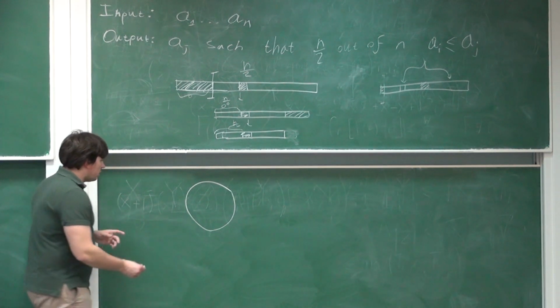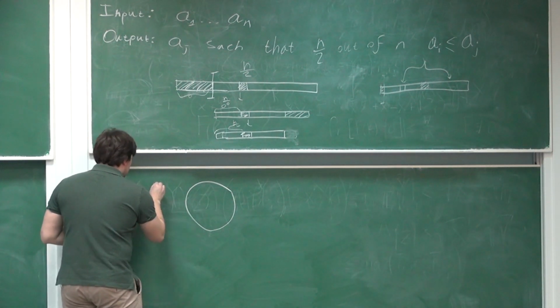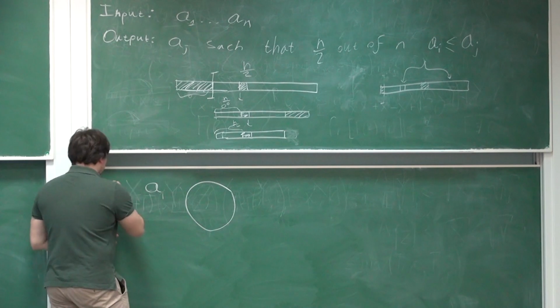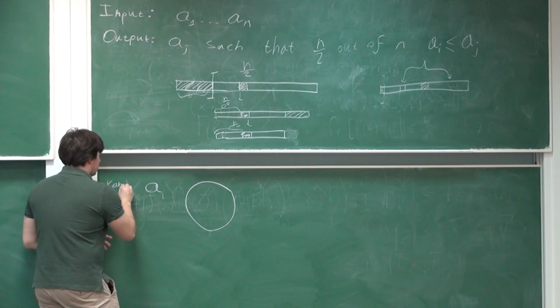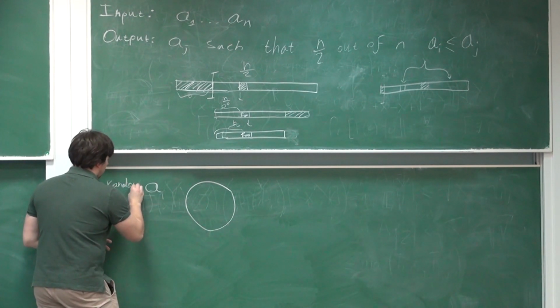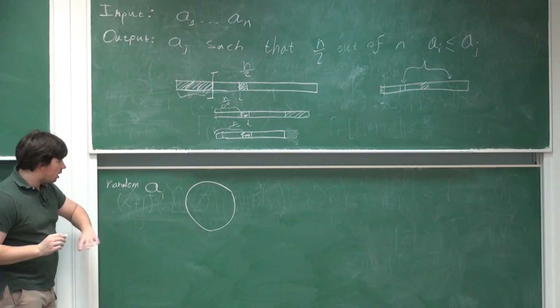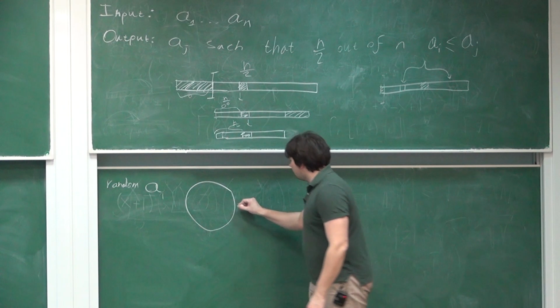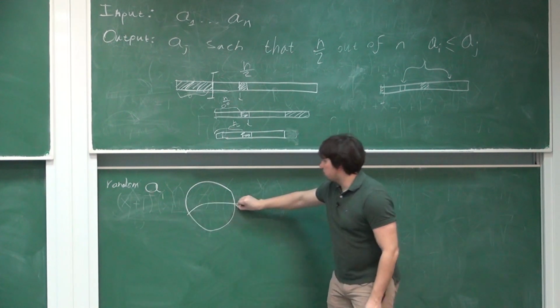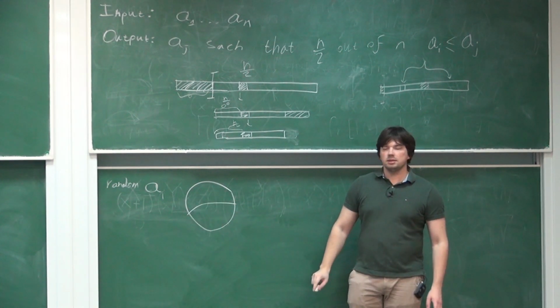So what I do, I pick a random one. So I pick ai, random ai. All right, and I use that ai to split this bag into two things, right?